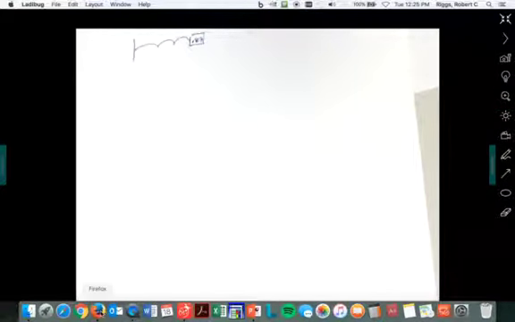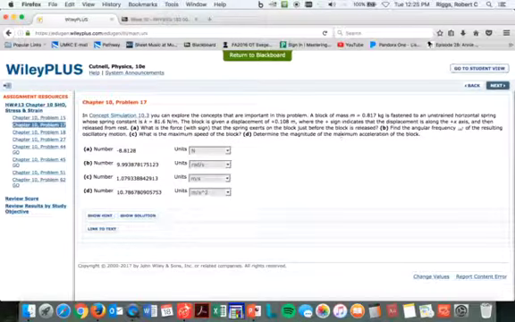Let's go back to what else it says. It's fastened to an unrestrained spring. K is equal to 81.6 newtons per meter. The block is given a displacement of 0.108 meters. I'm writing these down. K is equal to 81.6 newtons per meter.